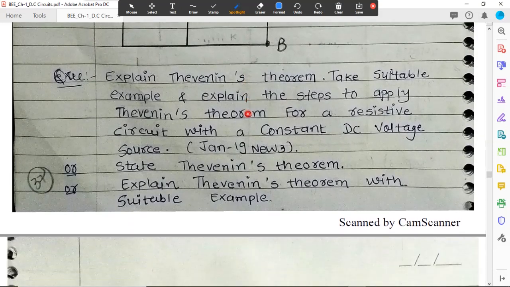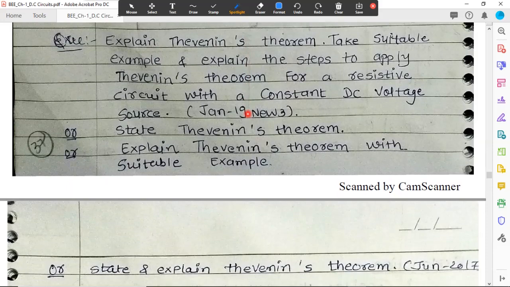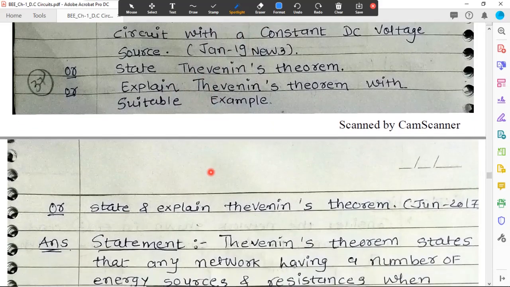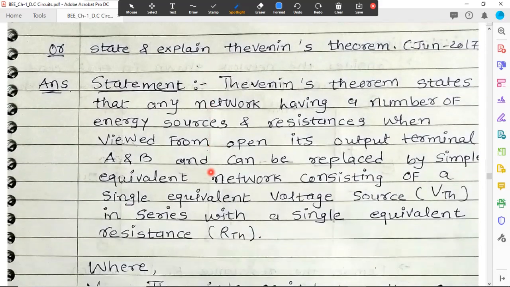Now we will discuss the second theorem, Thevenin's theorem, and we will see how the Thevenin's network can be derived. First of all, we will discuss the statement.